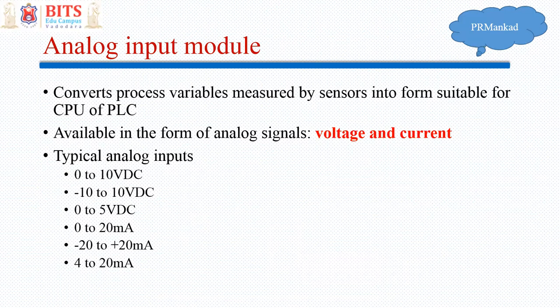So depending on what sensors are there and what variety is available, you may have these typical variations in analog input voltage or analog input current. So accordingly, you require a circuit which converts these into digital form. Obviously, when you have analog signals and want to give them to the CPU in digital form, you require an analog to digital converter, right?